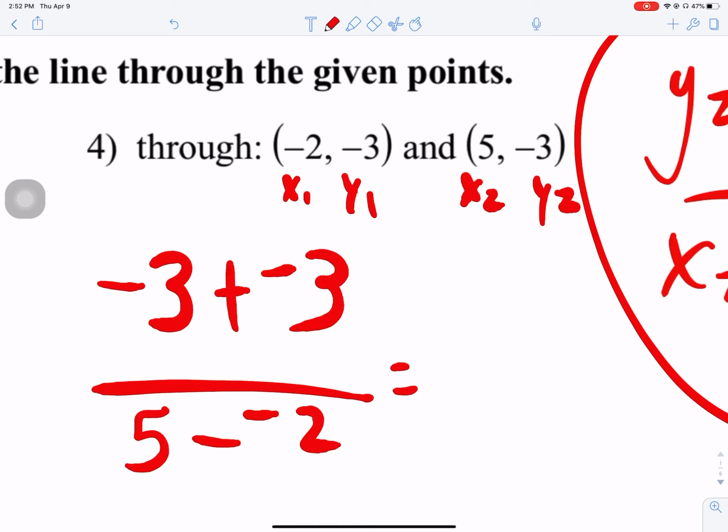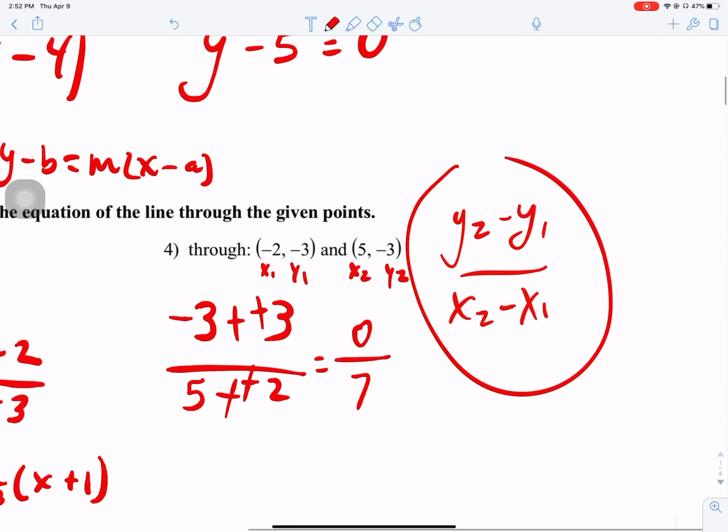When you see this, you'll see 0 over 7. But 0 divided by anything is 0, so the slope is 0. Which is weird because that means it makes a straight line. It's flat. It doesn't go up at all.